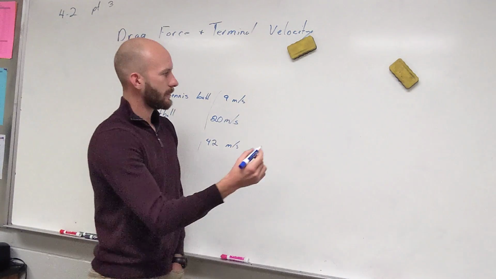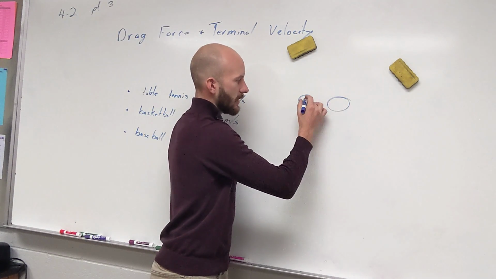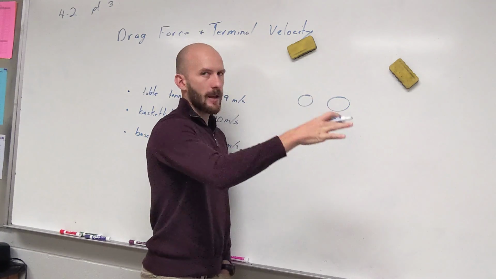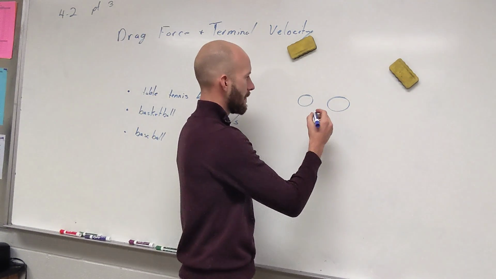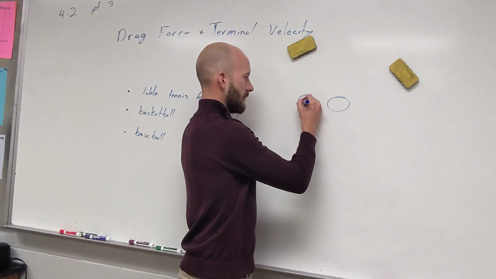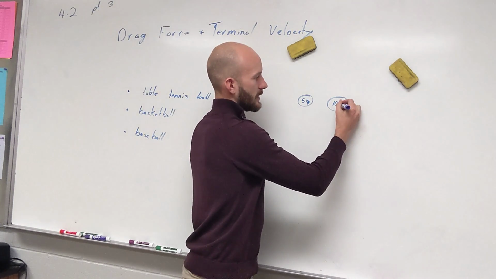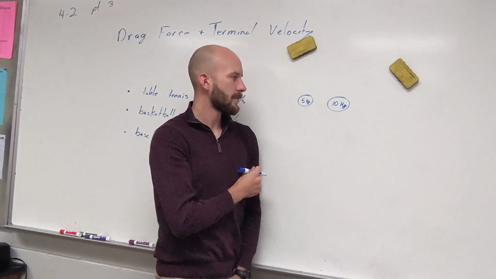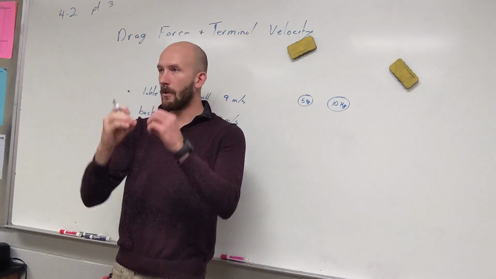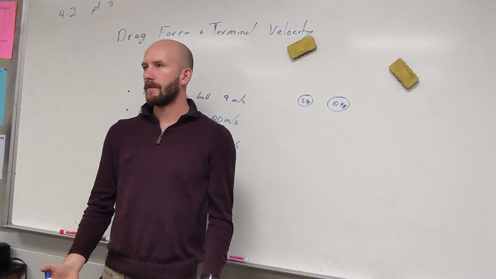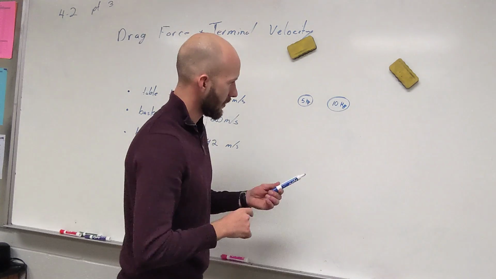If we have two balls of equal size, shape, and aerodynamic properties, they're going to be exactly the same. Well, let's say this one is 5 kilograms and this one is 10 kilograms, okay? In a vacuum, they would fall at exactly the same rate. Exact same, 9.80 meters per second squared would be their acceleration.